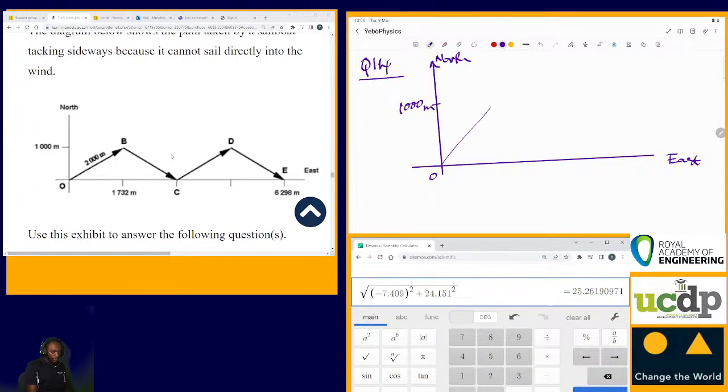We move from the origin to B, from B we move to C, and this is around 1732 meters, and from C we move to D, and from D we move to E. Okay, so what does the question say?